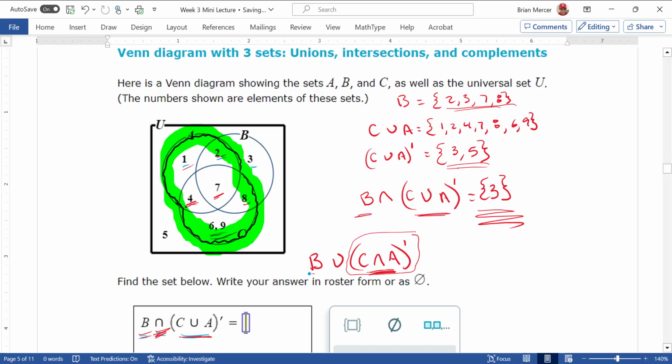Then you'd say, okay, what's the union of B with the complement of that? So following that same process, as you practice these, writing things down, figuring them out one step at a time, using the picture and writing out the elements from the sets, I think you'll find you'll have good success.